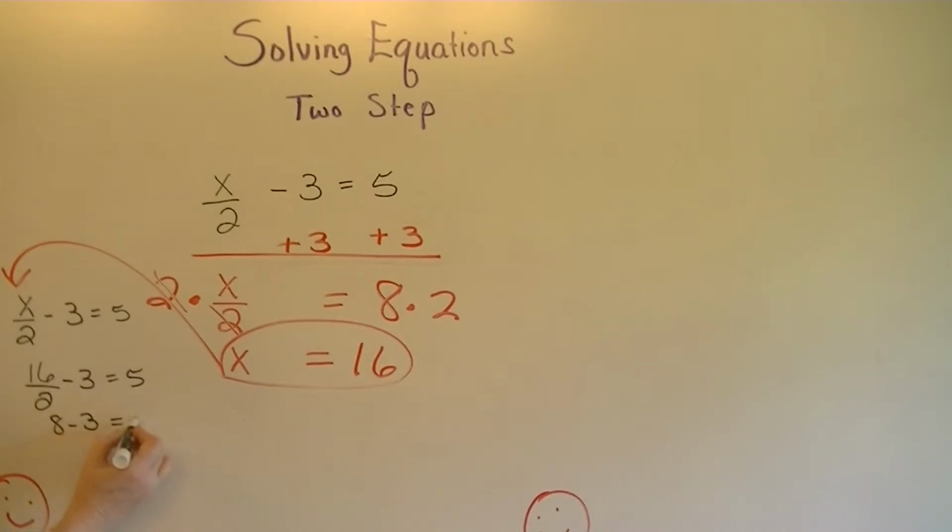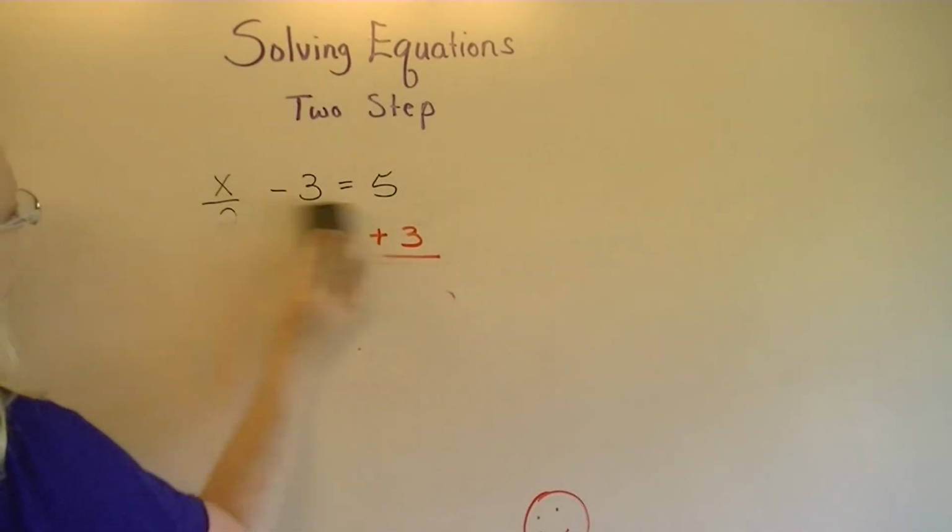And 8 minus 3. And then I get 5 equals 5. And if this comes out true, then it means that you've solved correctly for x. It's always a good idea to check your work or to know how to check your work. And actually, you should continue your check straight on down and just keep all the equal signs lined up. I would do that, but I'd run out of board space.